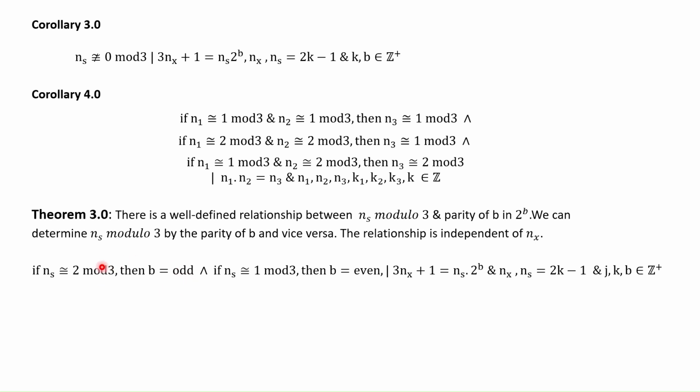Alternatively, if b is odd, then the result you are going to get is 2 mod 3. Similarly, if b is even, the result you are going to get is 1 mod 3. So actually, without doing any calculation whatsoever, just looking at the value of b, we can predict what the congruence of ns modulo 3 is going to be.